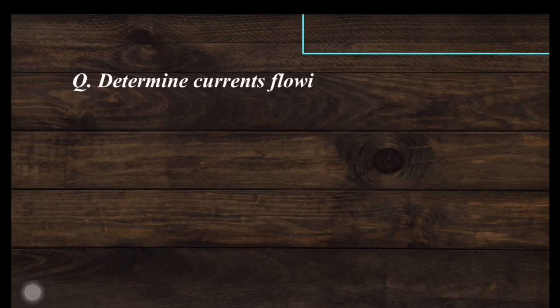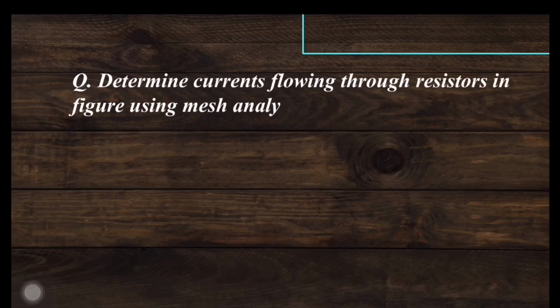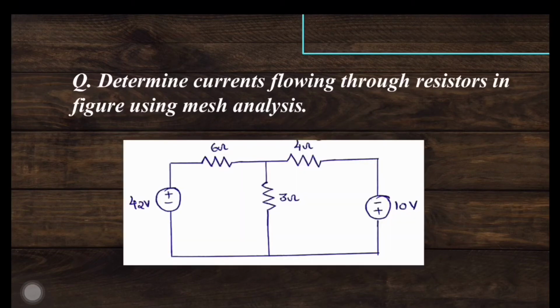Determine the current flowing through the resistors in the figure using mesh analysis. The network is given here. Here we have two voltage sources, 42 volts and 10 volts, and three resistors. The currents through these three resistors are to be determined using mesh analysis. As I told you earlier, mesh analysis is applicable only to planar networks.